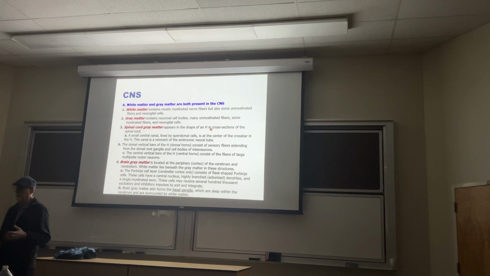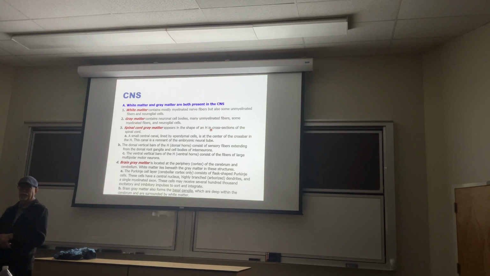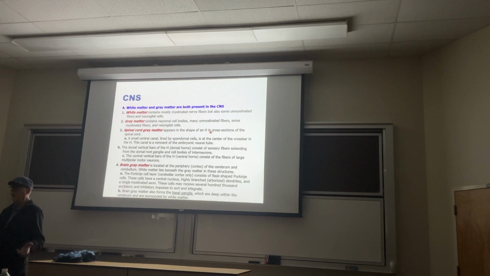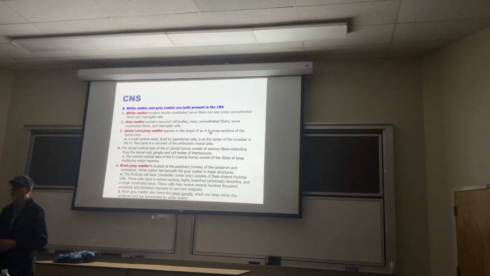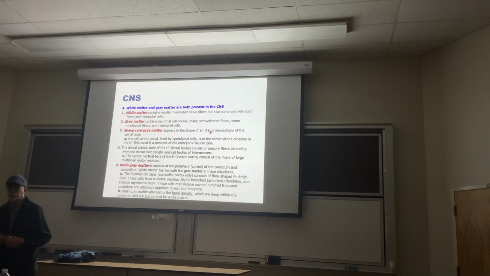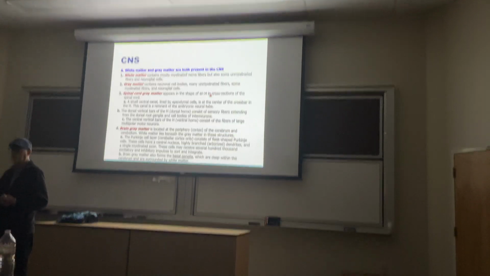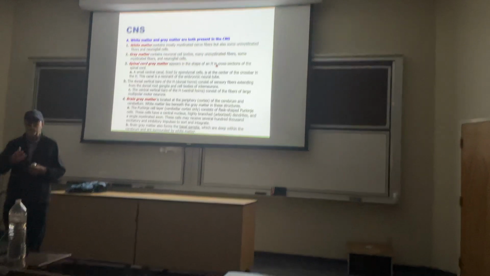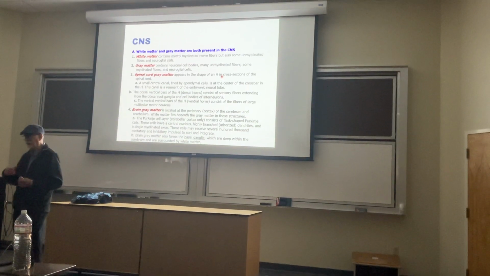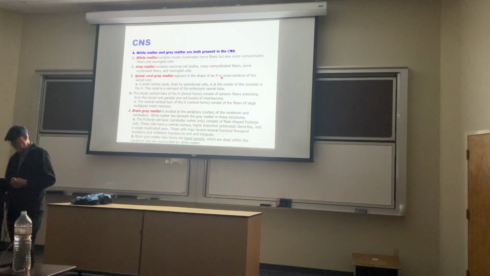In the brain, the bulk of the gray matter is to the periphery of the brain, and the bulk of the white matter is more to the deeper structures. So surface is gray matter, and deep is white matter.